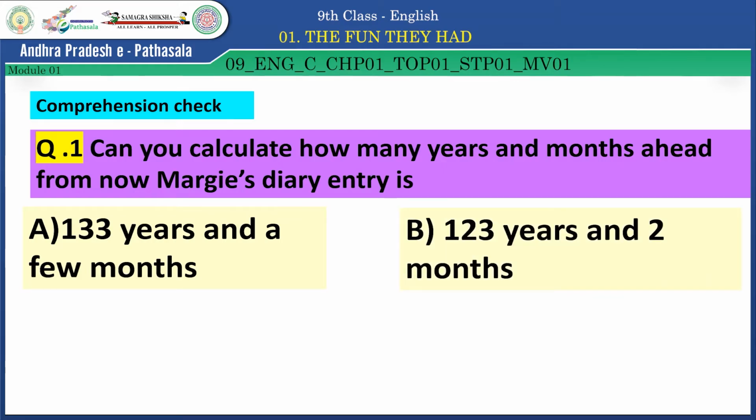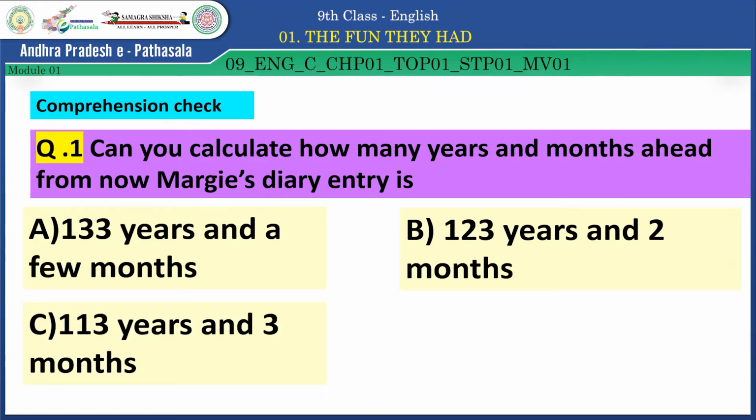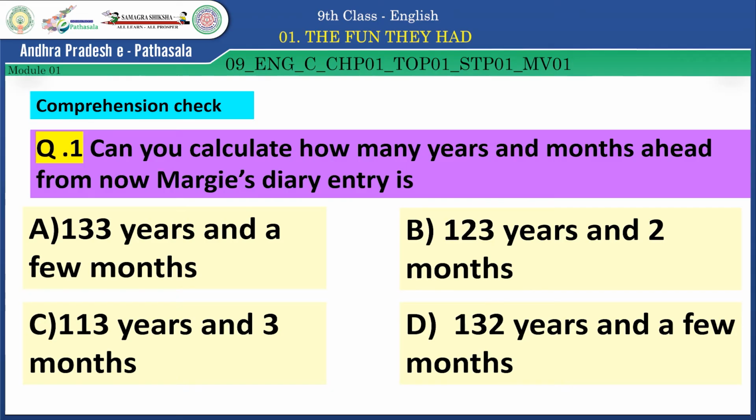B. 123 years and 2 months. C. 113 years and 3 months. And D. 132 years and a few months. What is your answer? Let's check with the answer. Here, the answer is A. Well done.